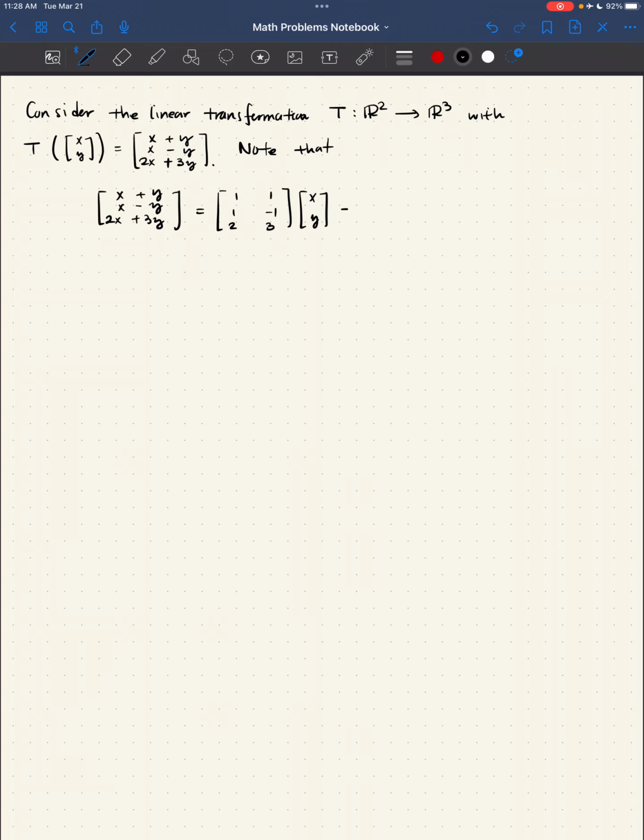Which indeed would be T of xy. And why is that, you're saying? Why are we saying that this is a linear transformation without going into the actual definition and demonstrating it like we did last time? Well, it's based on the following idea.